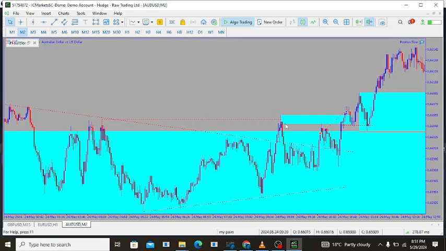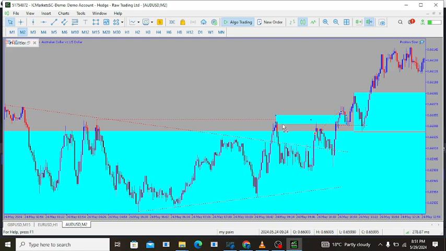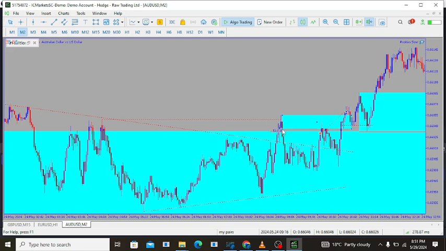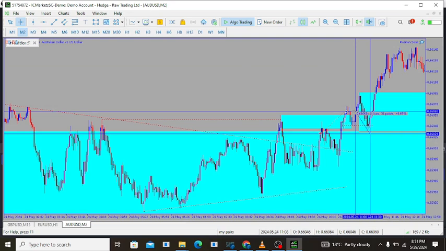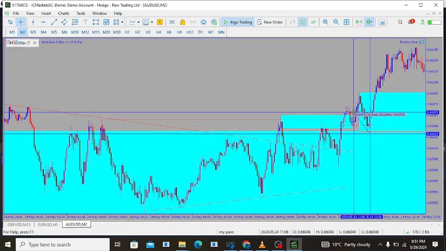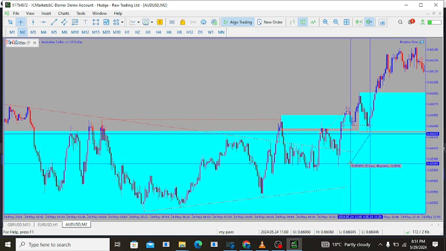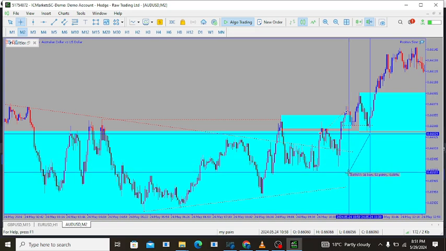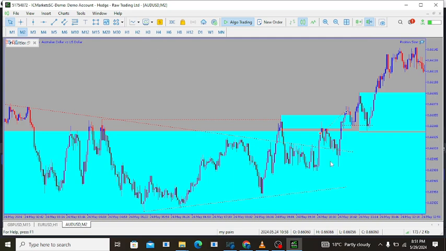Yes, it's probably this M1, M2. See, the reaction, three pip stop loss. Even we have these equal lows.